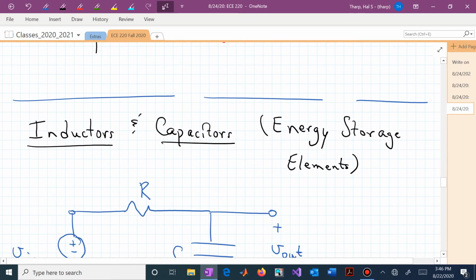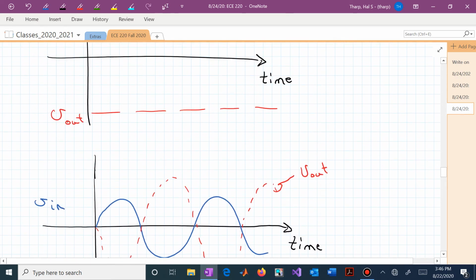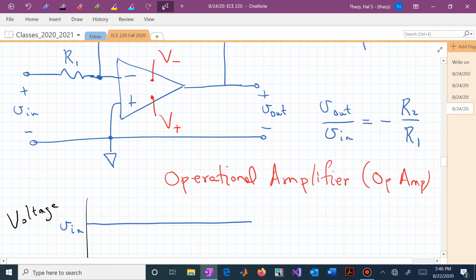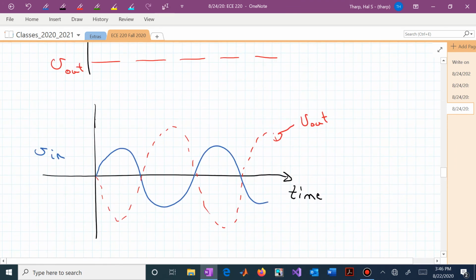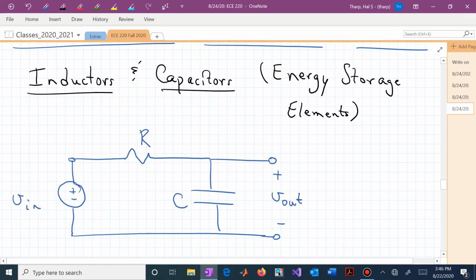That's chapter 5. And so far, we've simply just used resistors. We will then introduce a couple of new devices, inductors and capacitors. Here I'm showing a capacitor that's just two plates in this schematic.